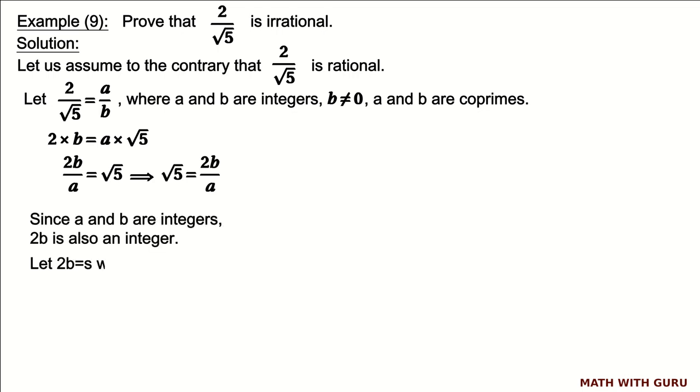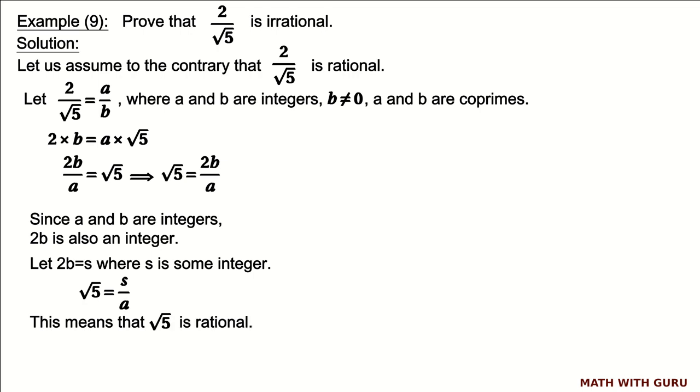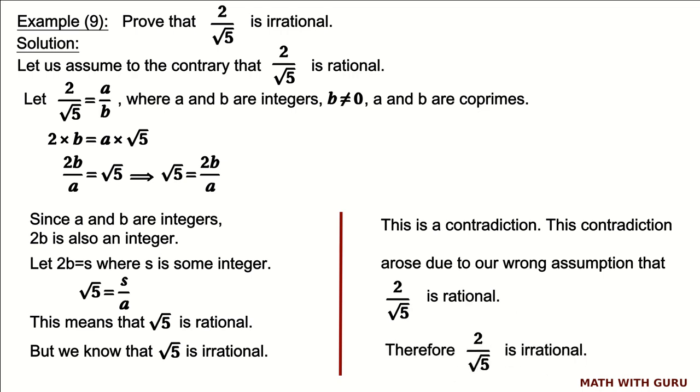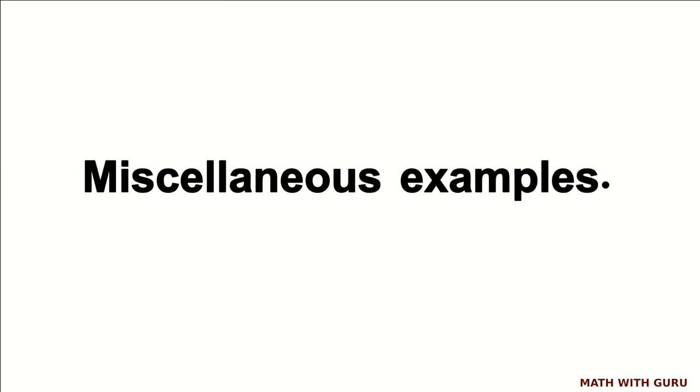Let 2b equals s, then root 5 equals s over a. This means that root 5 is rational, but we know root 5 is irrational. The contradiction arose due to our wrong assumption. Therefore, 2 over root 5 is irrational.